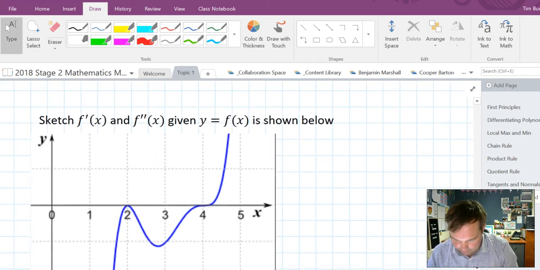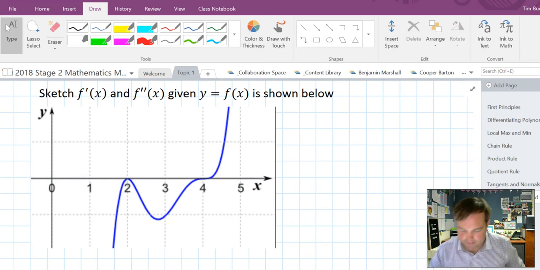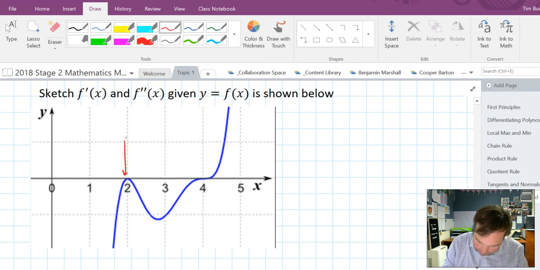Alright, the other thing they can ask you to do is sketch f'(x) and f''(x) given the graph shown. Alright, so let's point out some key features of f(x). Clearly, there is a min. Here, there is a non-stationary inflection point.